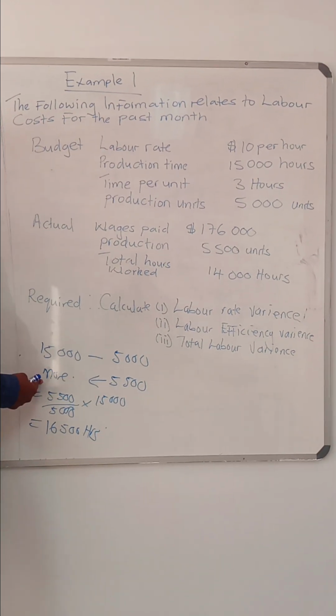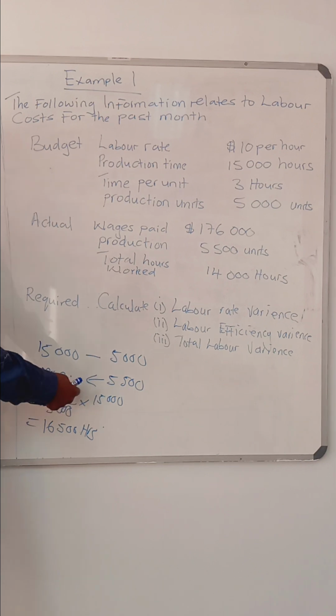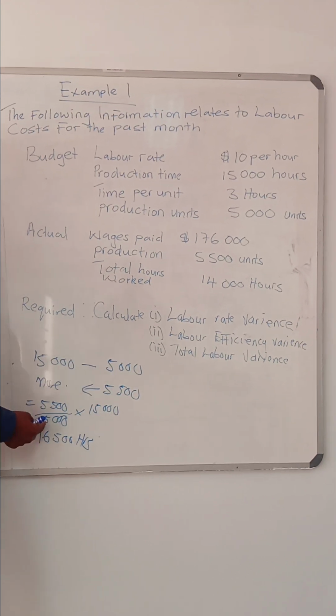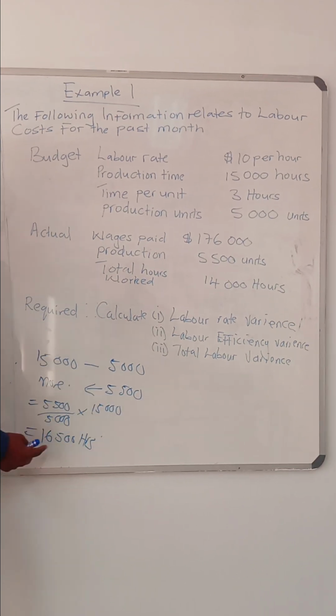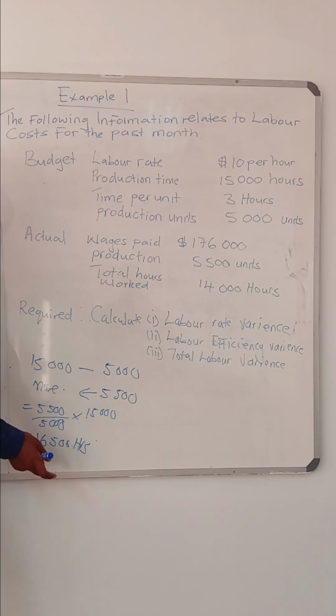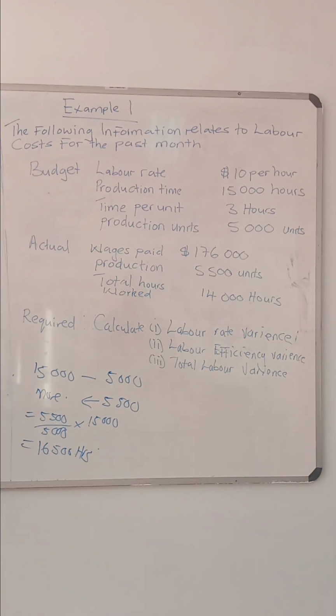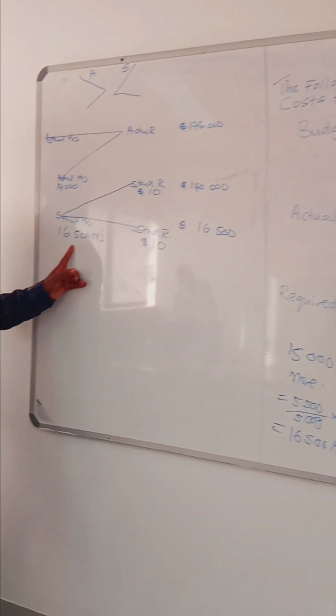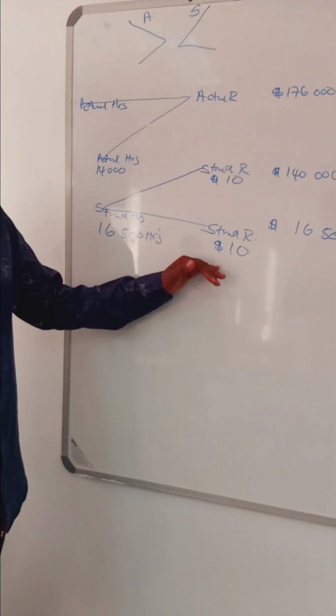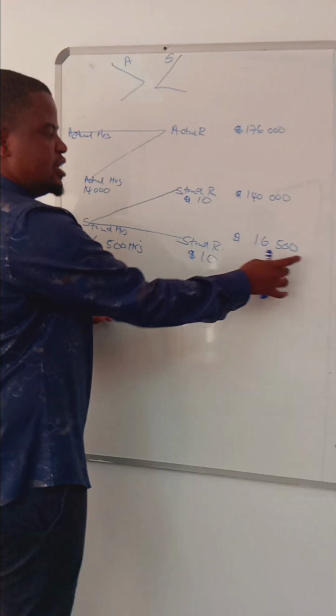We must work more: 5,500 divided by 5,000 times 15,000. It means we are supposed to work 16,500 hours. So you put 16,500 hours, times the standard rate.